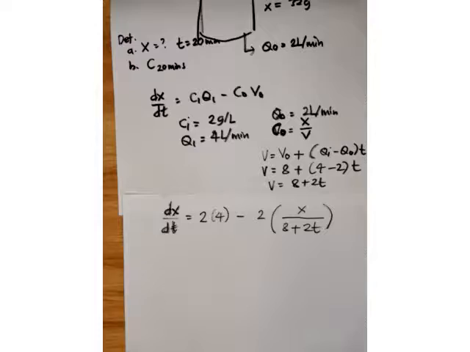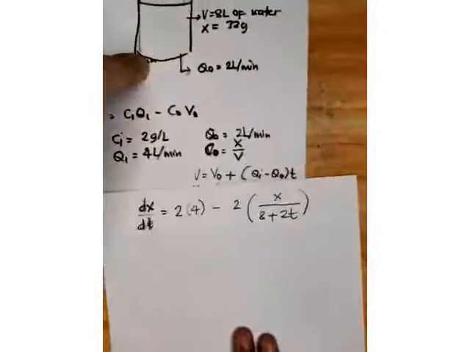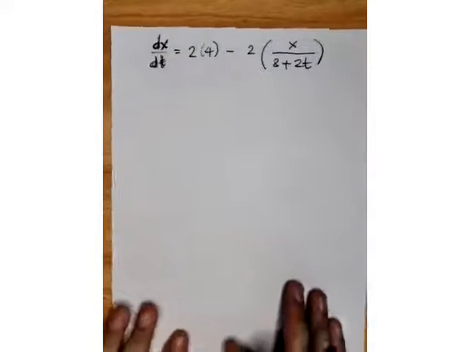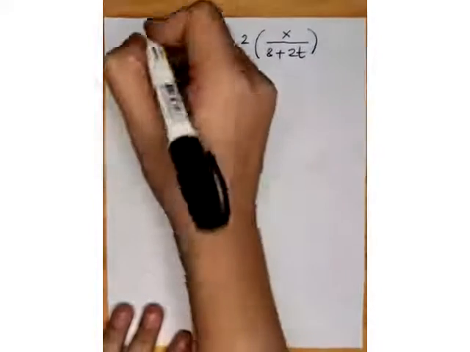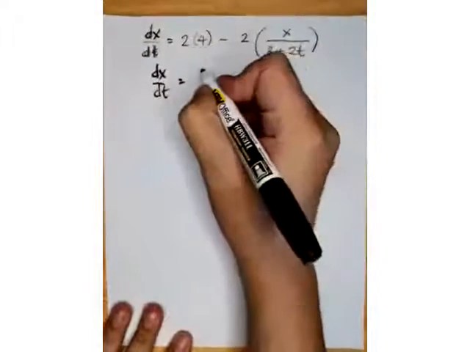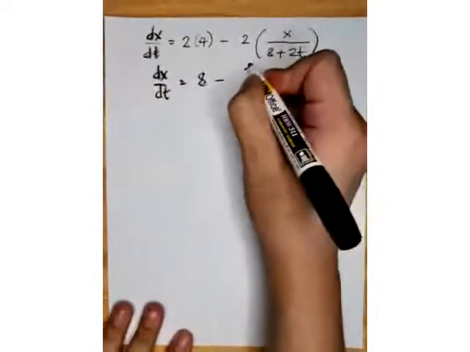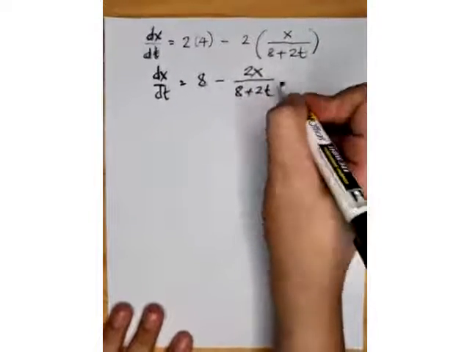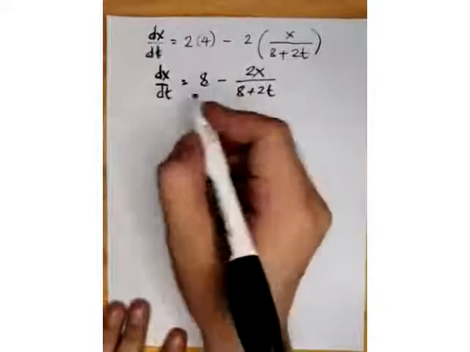Wala. Okay, then let's simplify. So that would be dx over dt is equal to 8 minus 2x over 8 plus 2t. Okay, so let's factor out 2 dito.